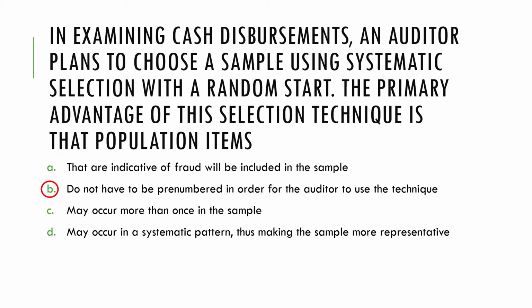We do recall that in the case of systematic selection, if the units are arranged in a systematic pattern, it actually destroys the element of randomness, and so therefore it might lead you to a non-representative sample. That is the disadvantage. But pointing to the advantage, it would be that the population items do not have to be pre-numbered.